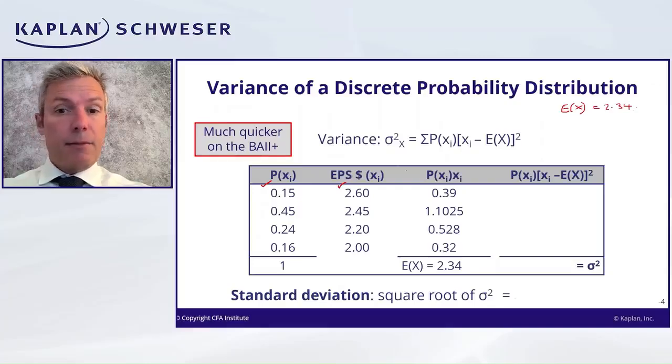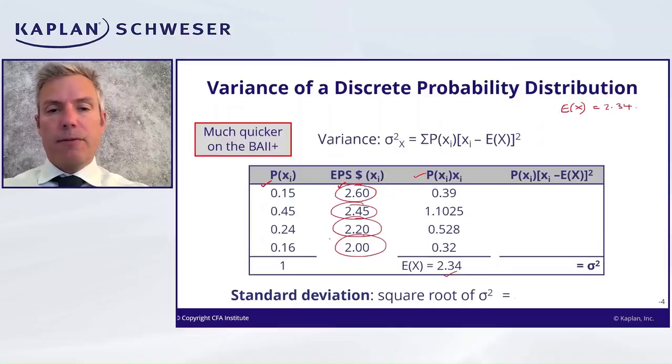This is from the previous slide as well. What we're going to do is think about how far away each observation is from the mean, squared. So for example, in that first observation here, we're going to think about how far away 2.6 is from the mean of 2.34, and square that.